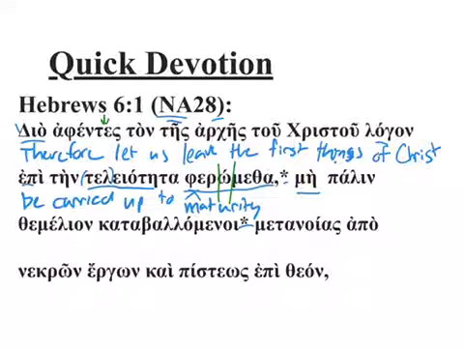So what would middle be? Let us leave the first things of Christ, carry ourselves. I don't think you can convey that difference in English, be carried versus carry ourselves. Carrying ourselves changes things, right?